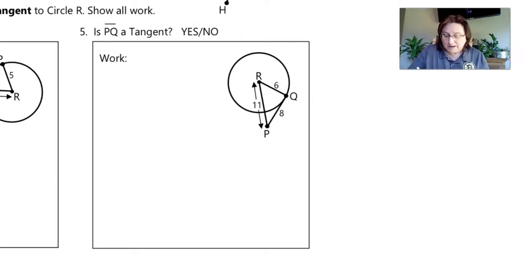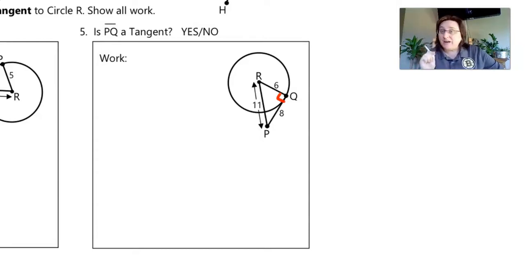Earlier I was just talking about there is something that must be true if the tangent line intersects the radius. What must be true when those 2 lines intersect? Okay, hopefully you went back and looked at your notes and you said, Miss Smith, you said that the radius and the tangent line have to be perpendicular.